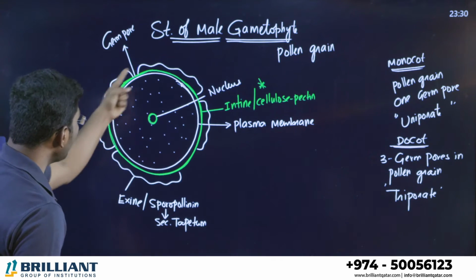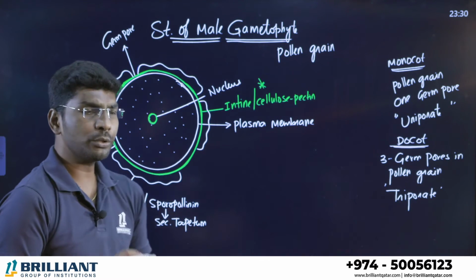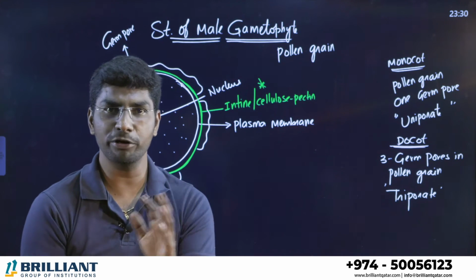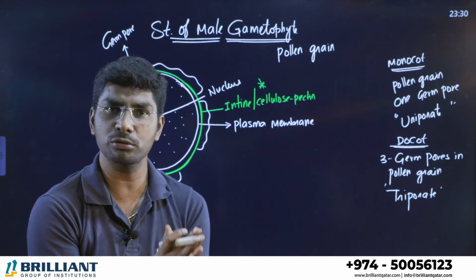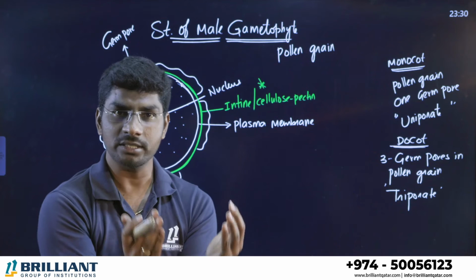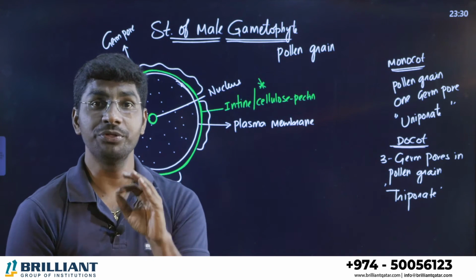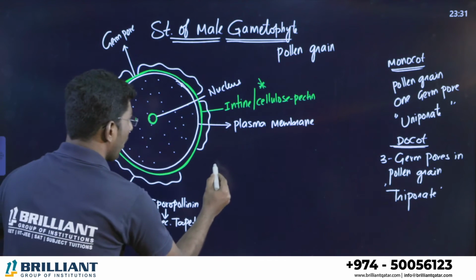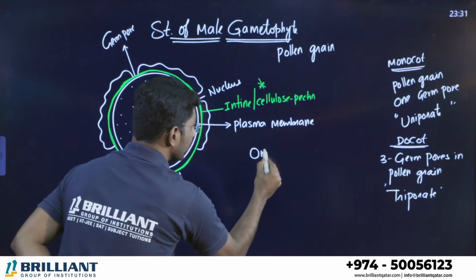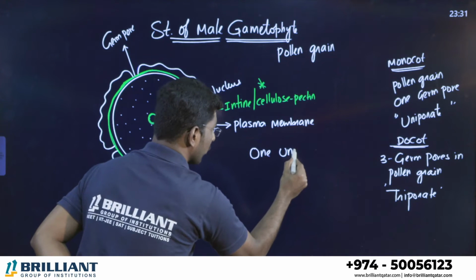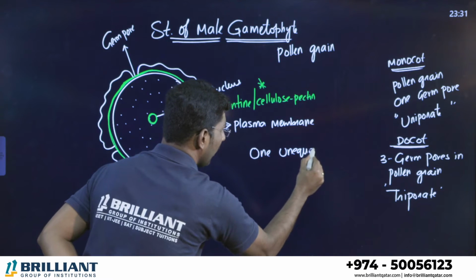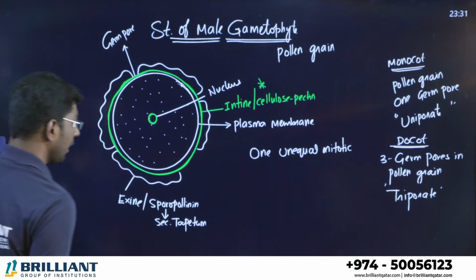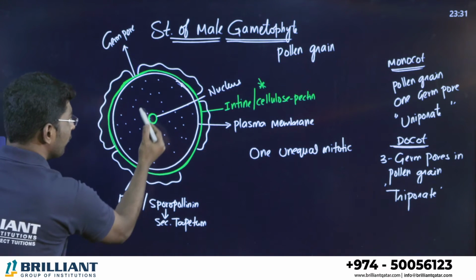So here this is the structure of the pollen grain. But you need to understand something here. The pollen grain is haploid. The haploid nucleus is in the cytoplasm. Abundant food material is also present in the cytoplasm. Exine is there, intine is also there. This one cell undergoes one unequal mitotic division to give one smaller cell and one bigger cell.